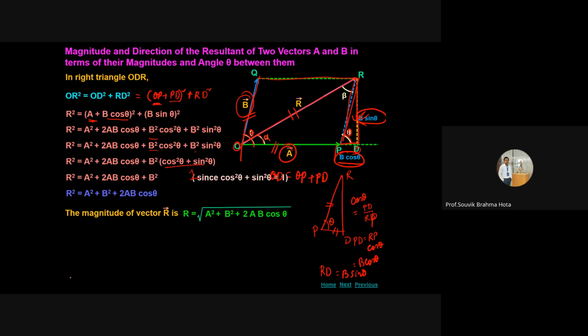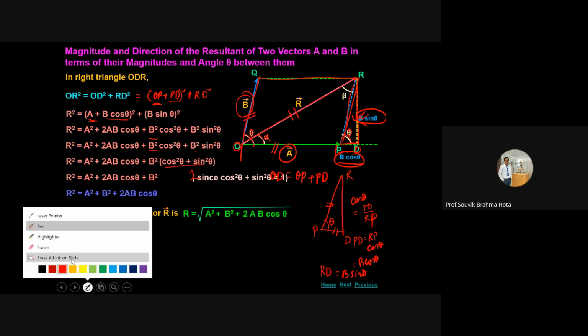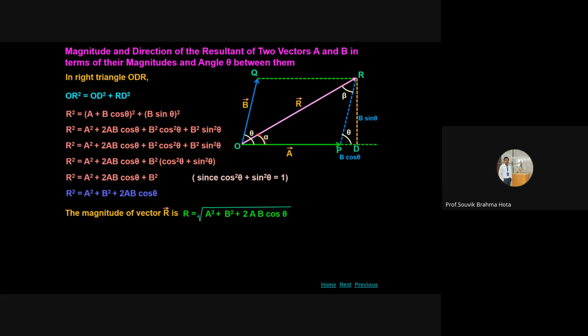Why should we go for alpha? If I look at this angle alpha, for the same triangle ORD, if I take tan alpha, that will be RD by OD. So tan alpha is equal to RD by OD.